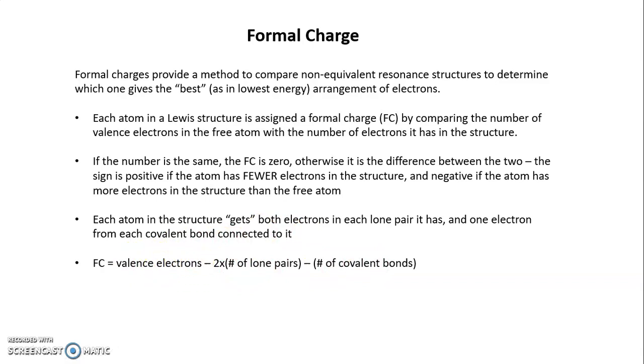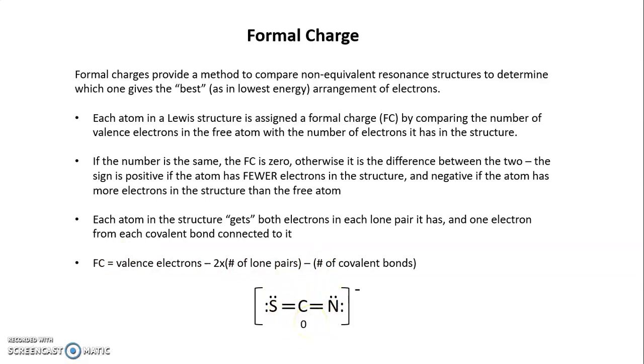It's probably easiest to look at an example to understand this. Here's that thiocyanate structure. And so if we look at this, we can look at the carbon. Carbon has 4 valence electrons. In this structure, it only has 4 covalent bonds connected to it, and no lone pairs. So plugging into this formula, we would subtract 4 for the covalent bonds, and that would mean we'd get 0.